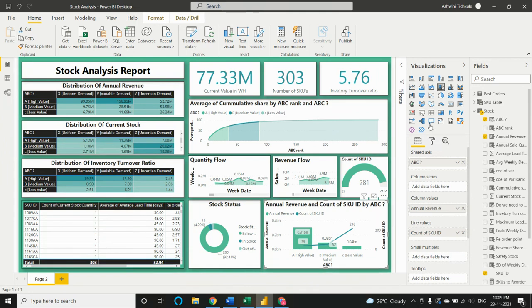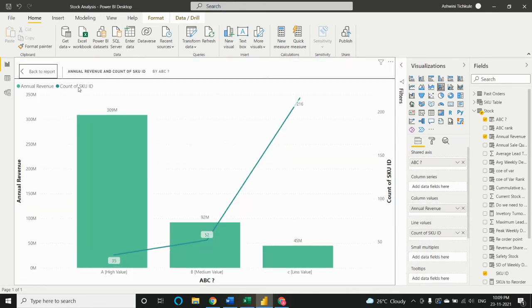So what is this? This is the line and stacked column chart. Okay. I have taken it from here, and we can see here the annual revenue and the count of SKU ID. Here is the high value. The line is showing the count of SKU IDs.